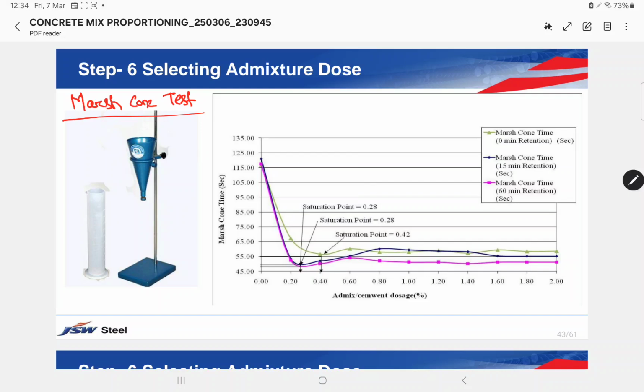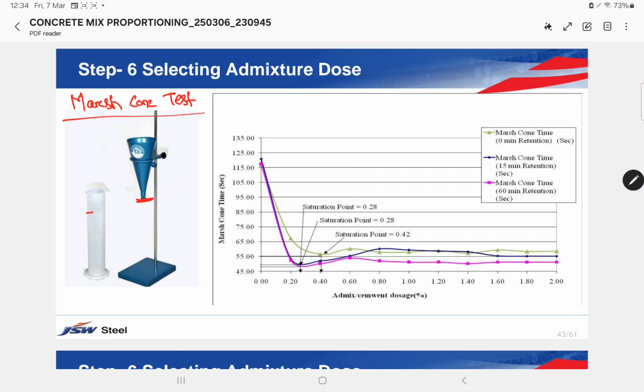And then you open this gate and allow this cement slurry to flow into this cylinder, and you start the stopwatch. When you remove this gate, you start the stopwatch and record how long it takes for all this 1 liter of slurry to fill this glass measuring cylinder.